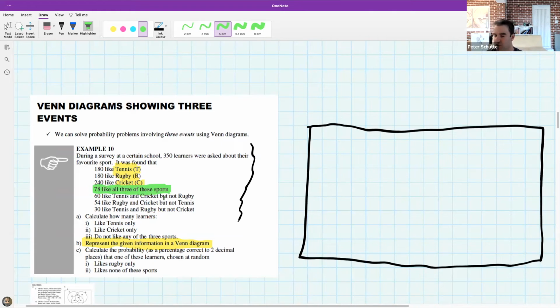Give it a go. If you're stuck, raise your hand and ask a question. But I just want you to try and draw this Venn diagram first and see how far you get before I come along.